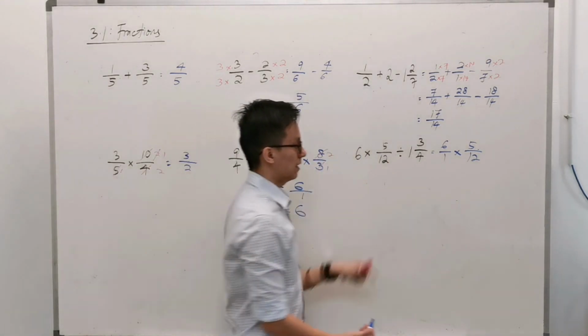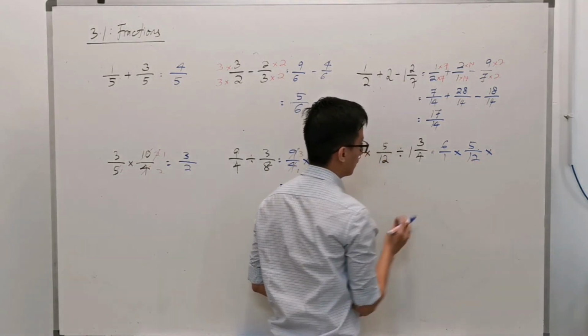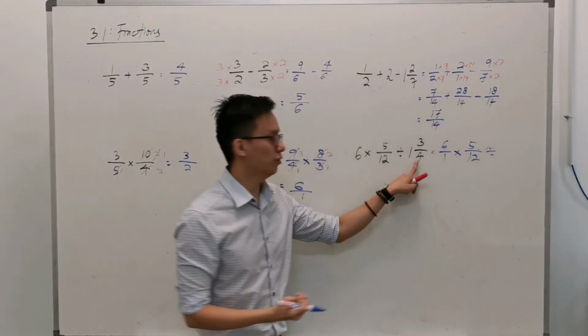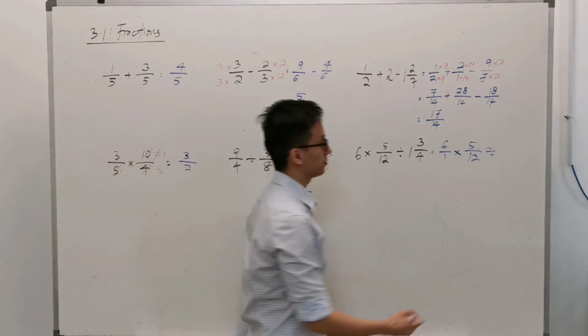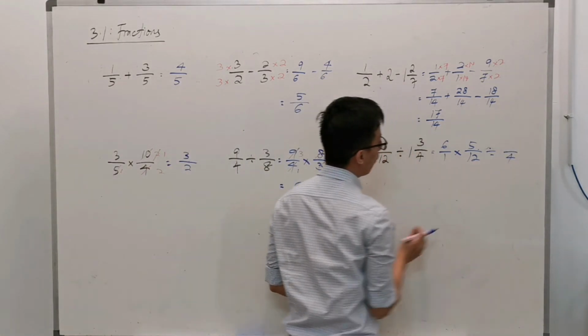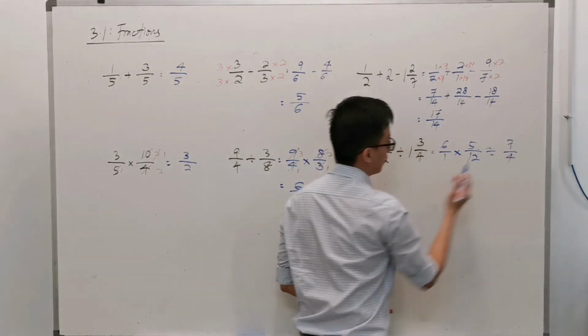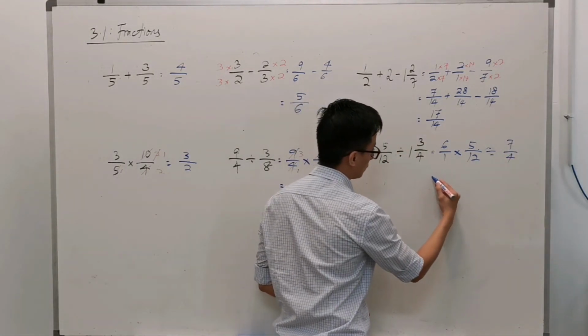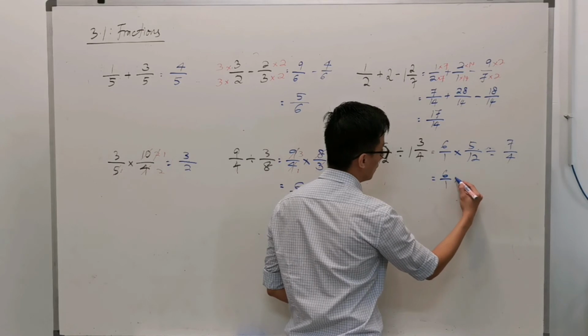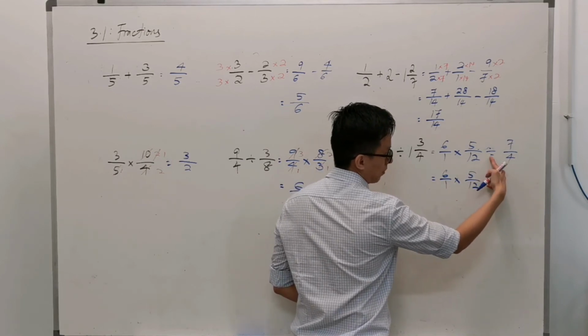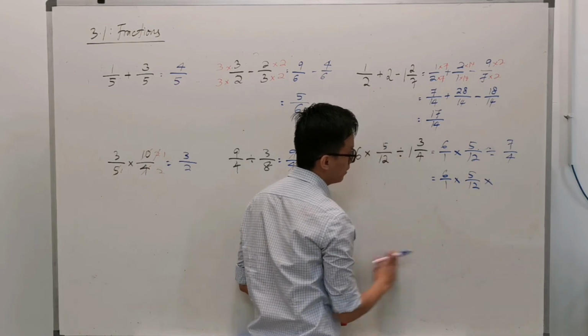Okay, this one, let's change the symbol. Oh, sorry. Let's convert to an improper fraction first. 1 times 4 plus 3, I will get 7 here. So 6 over 1 times 5 over 12. Change the symbol to multiplication.